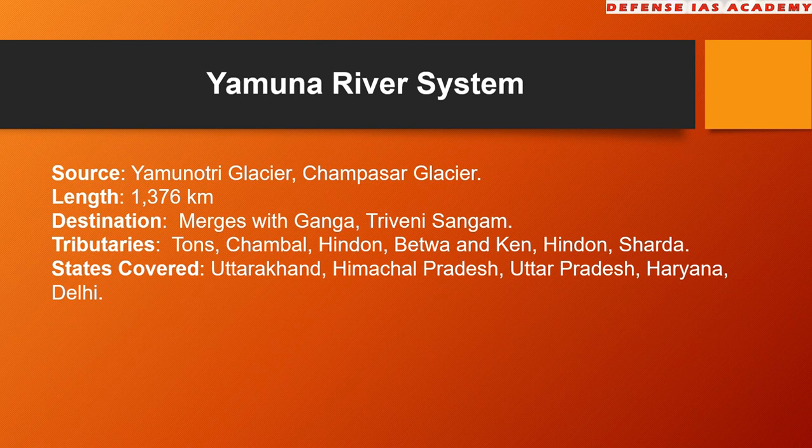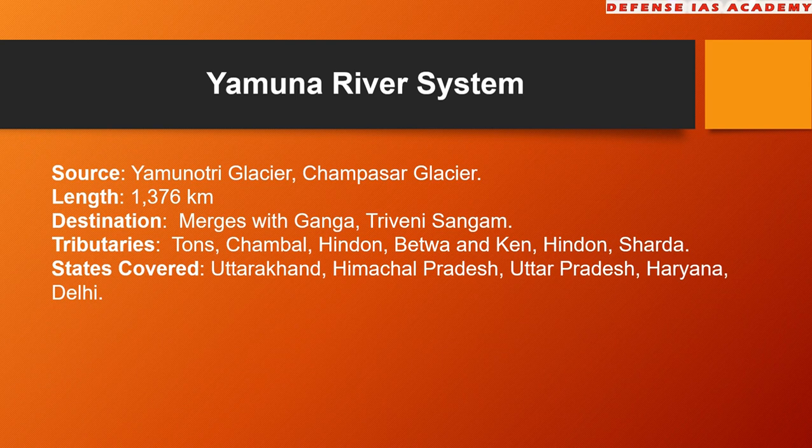To summarize, the source of the Yamuna river system, which is a tributary of the Ganga river system, is Yamunotri glacier and the Champasar glacier. The total length is 1376 kilometer. It's entirely inside India.